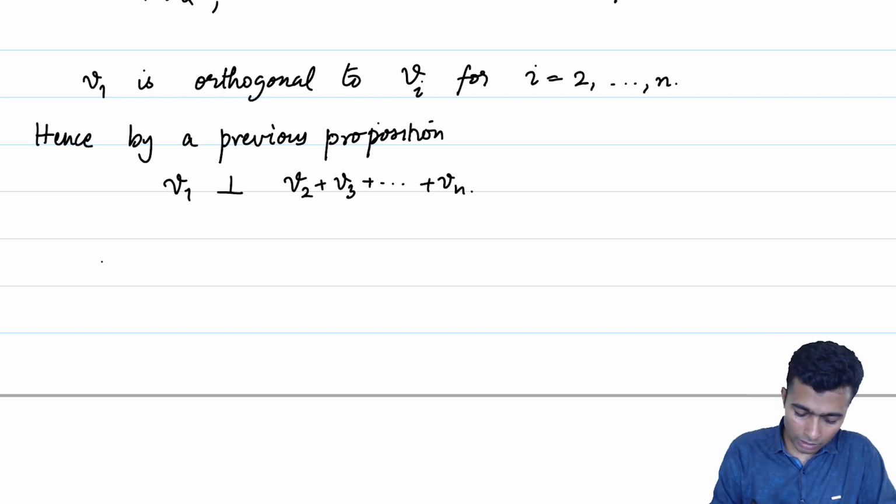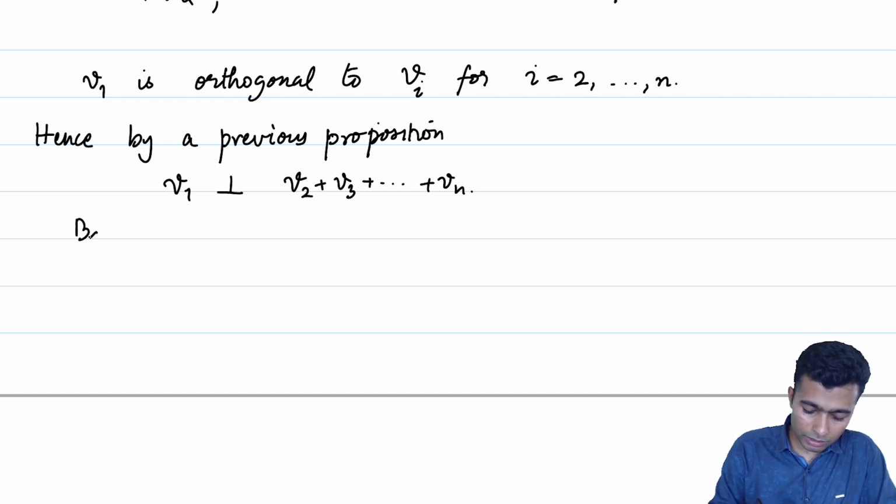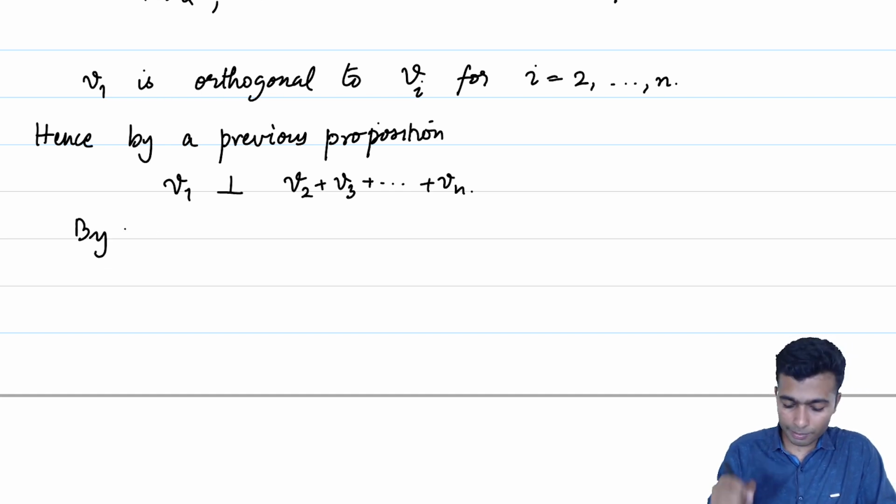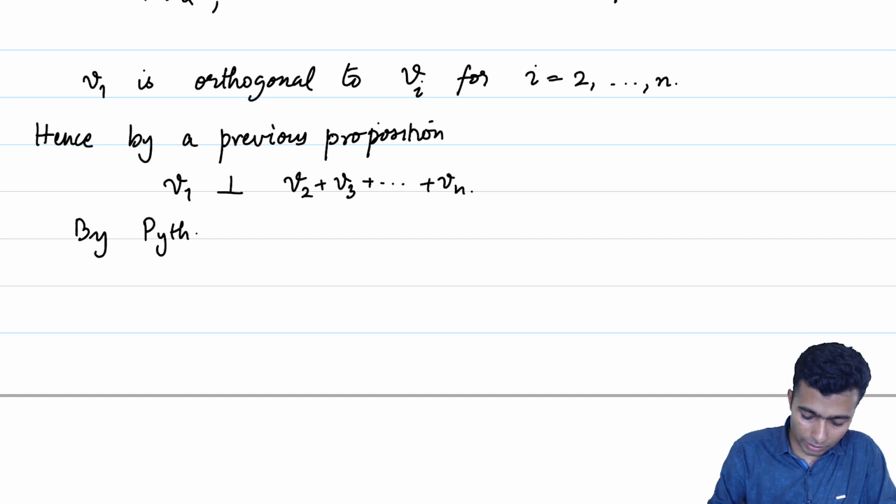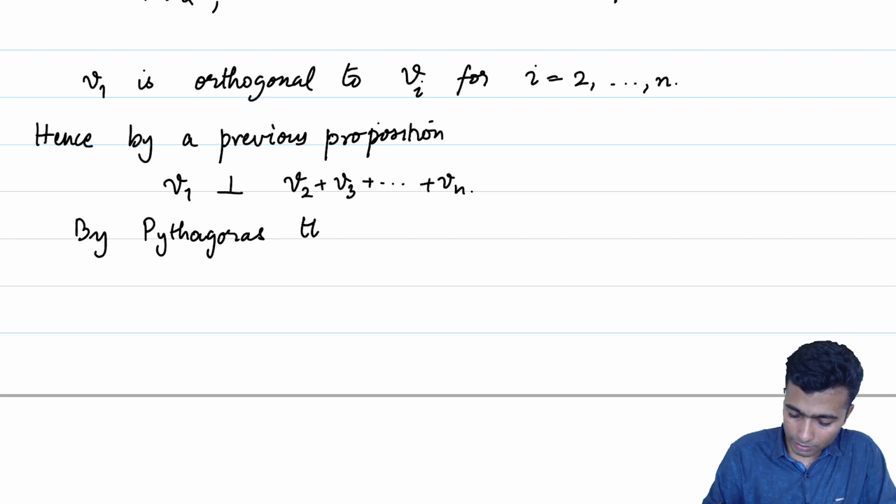And that means now by Pythagoras theorem, not the generalized, we are proving the generalized one by the Pythagoras theorem for two orthogonal vectors.